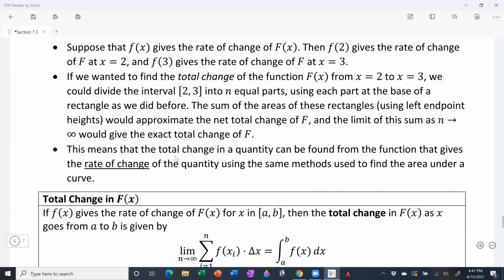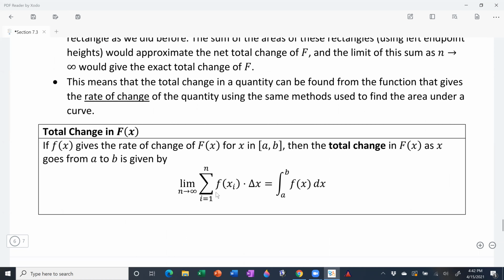This means that the total change in a quantity can be found from the function that gives the rate of change of the quantity using the same methods that we use to find the area under a curve. Very, very interesting there. So let's formalize this a little bit.